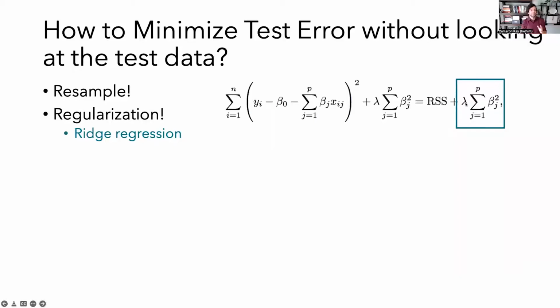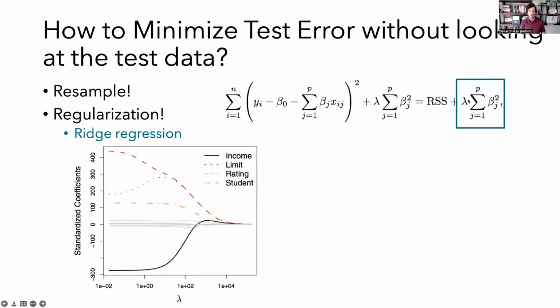Well, this lambda is one of those values you can mess with. You can run one model and say, in this model, I'm going to include no penalty. The lambda is going to be 0. In this second model, I'm going to make lambda 0.5. In this third model, I'm going to make it 1, and so on. So there, you can identify what the best penalty is for predicting some outcome.